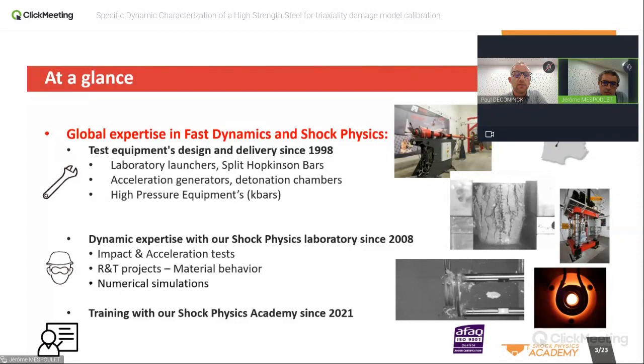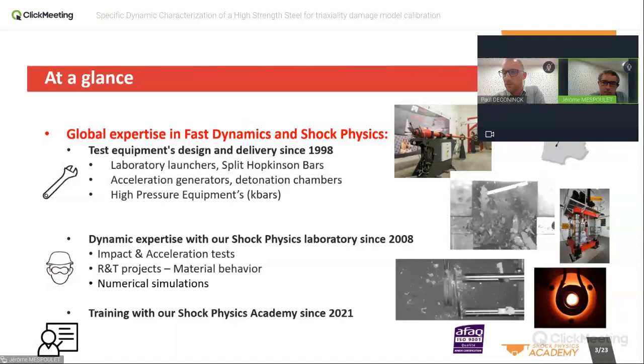The other activity is mainly dedicated to services and expertise on dynamic phenomena. For that we have a shock physics laboratory that opened in 2008, where we can use our test equipment, so gas gun, acceleration generator, split Hopkinson bars, to investigate the impact and dynamic behavior of material.